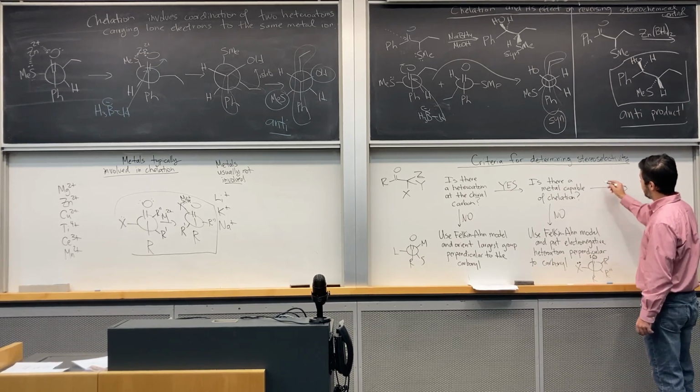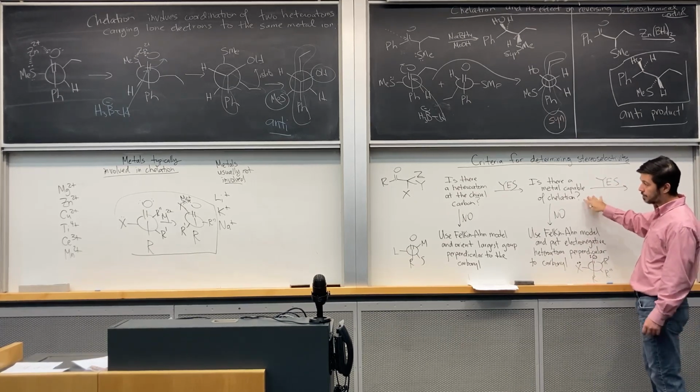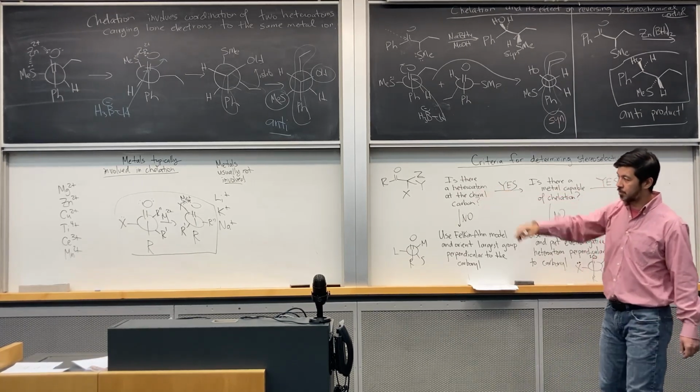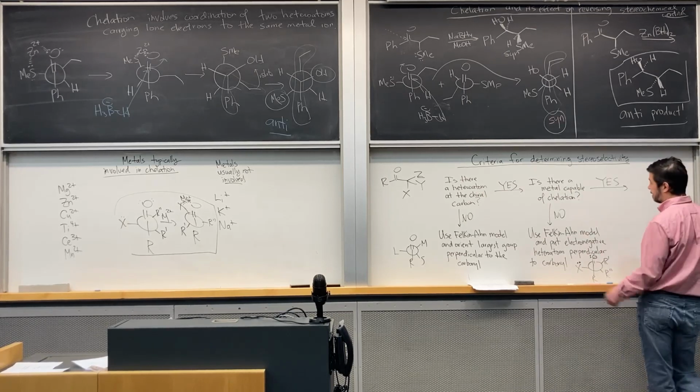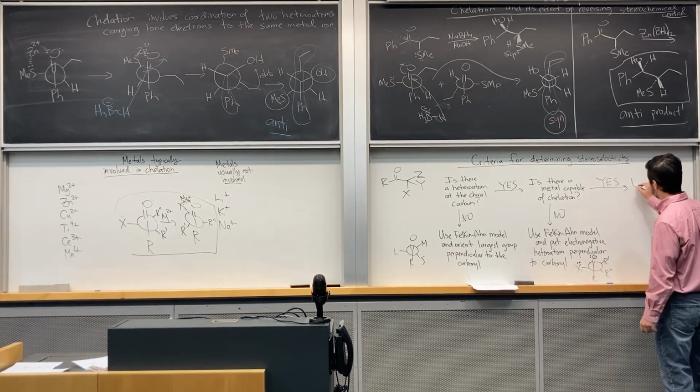So you can anticipate, looking at this flow chart, if the answer is yes, if you do have one of those di- or trivalent metals, or even titanium 4+, then you have to use the chelation model.